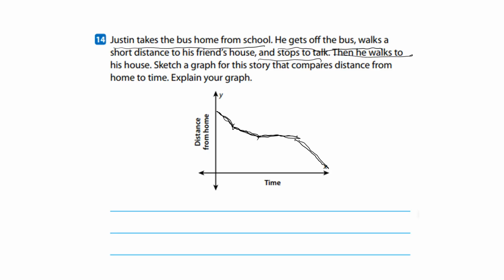When we describe the graph, we describe each section. The first section is steep because the bus goes quickly.